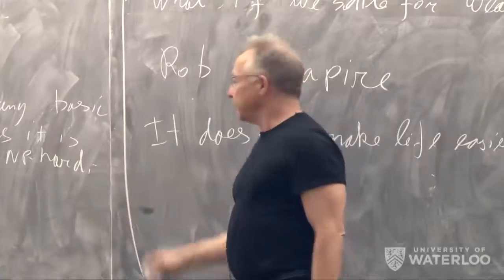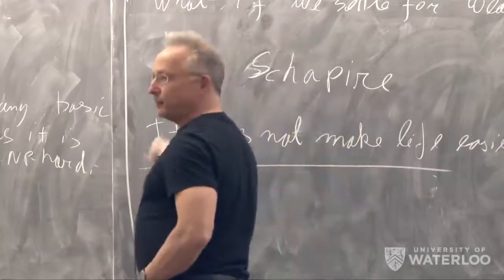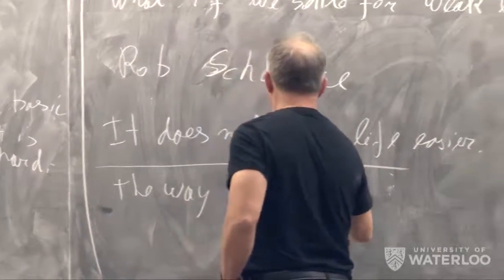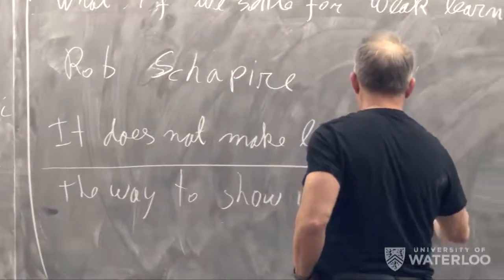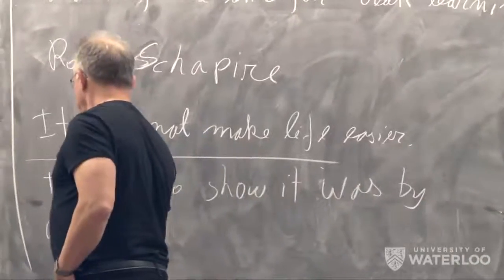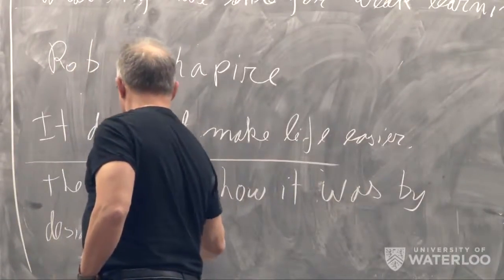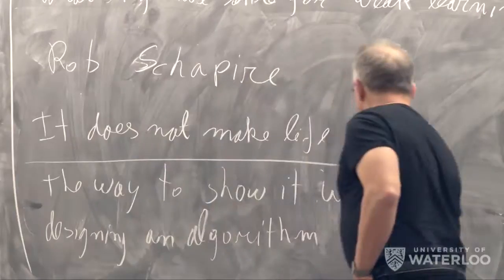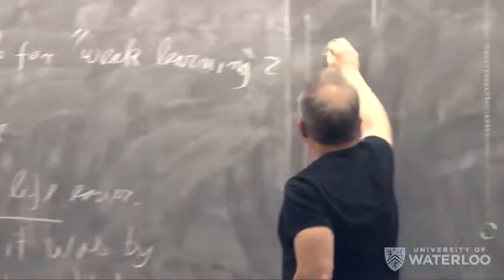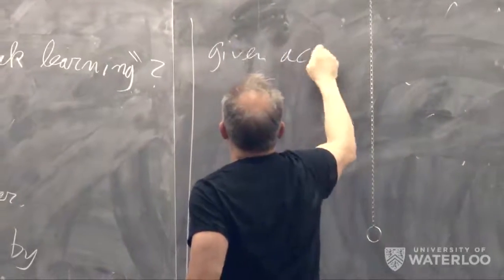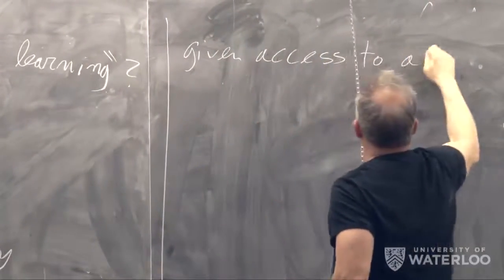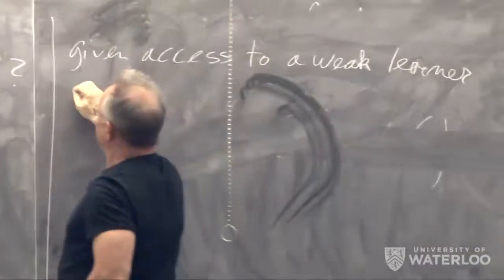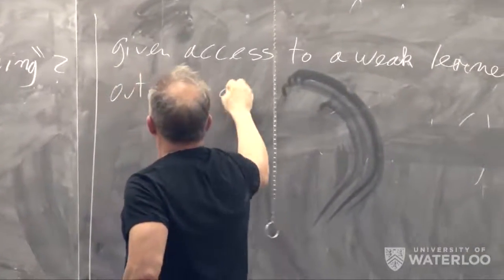What he showed, and this is the boosting, was by designing an algorithm that, given access to a weak learner, outputs a strong learner.